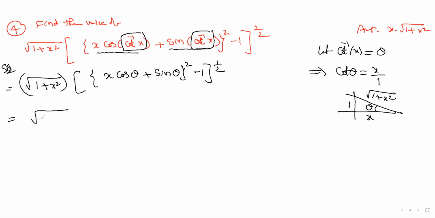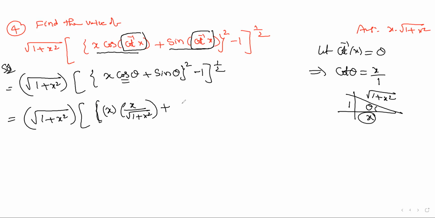The root under 1 plus x square, x into cos theta value we have. What is the cos theta form? Adjacent side by hypotenuse: x by root under 1 plus x square, plus sin theta value from this triangle. What is the form?